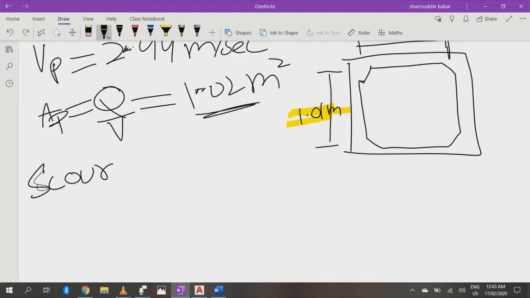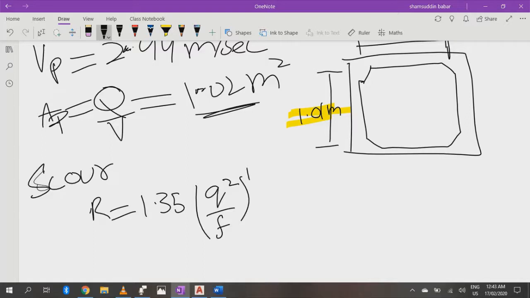For this our formula is R is equal to 1.35 (q square by f) whole power 1 by 3. Now this is the formula. F is the Lacey silt factor and it is equal to 1. Now what is q? q will be equal to discharge per unit width, and this is for the stream.